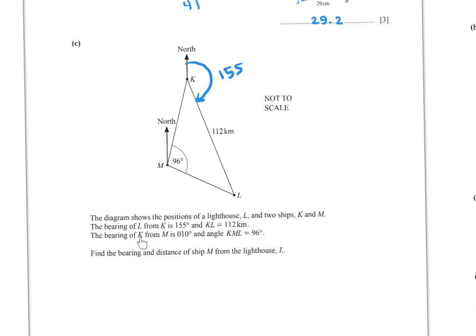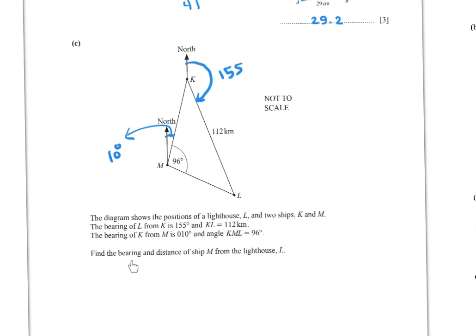And the bearing of K from M is 10, so this angle is 10, this angle 10. And the angle KML is 96. Find the bearing and the distance of the ship M from the lighthouse L.